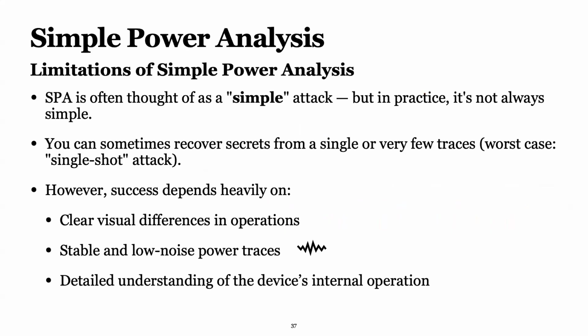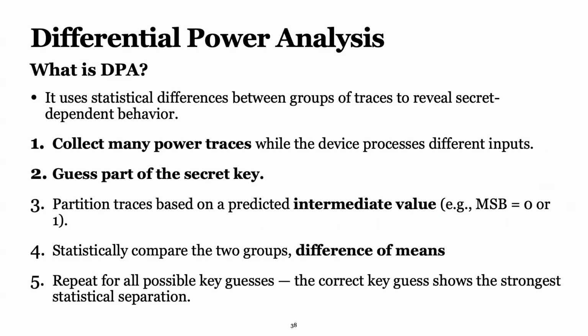But we have some limitations. With simple power analysis, we just look at the power trace and understand 1 and 0, but it's not always just multiply and square. We have big numbers and complex operations, so it is not an easy way to attack. Then the researchers developed a couple of statistical analyses.